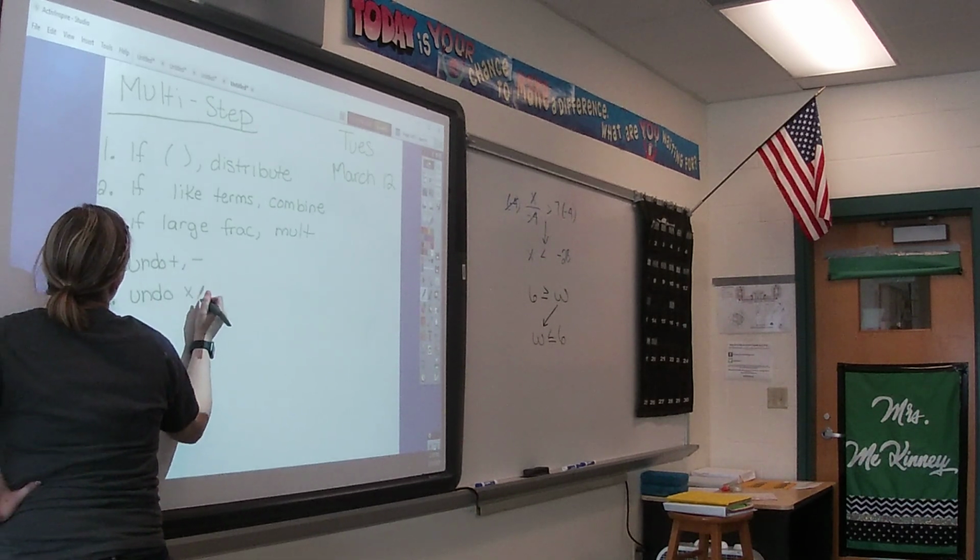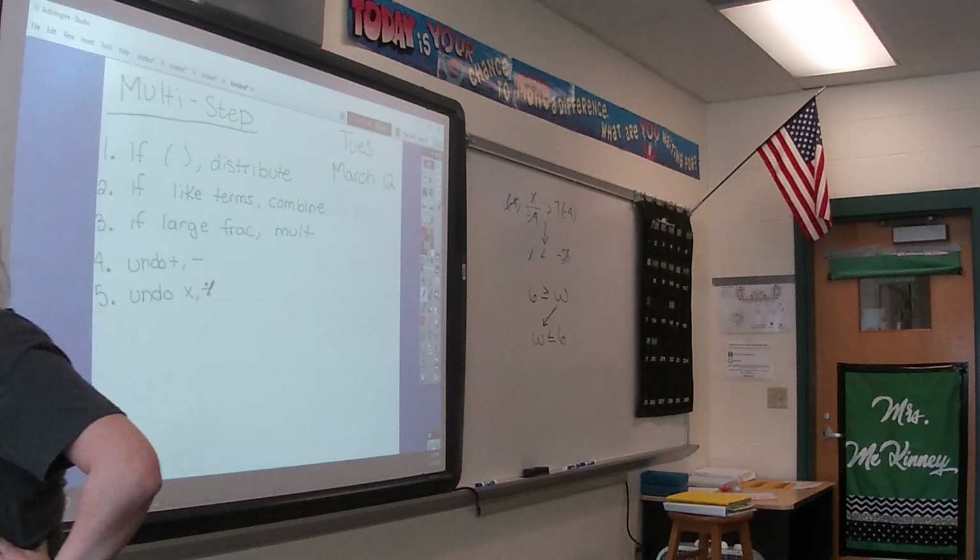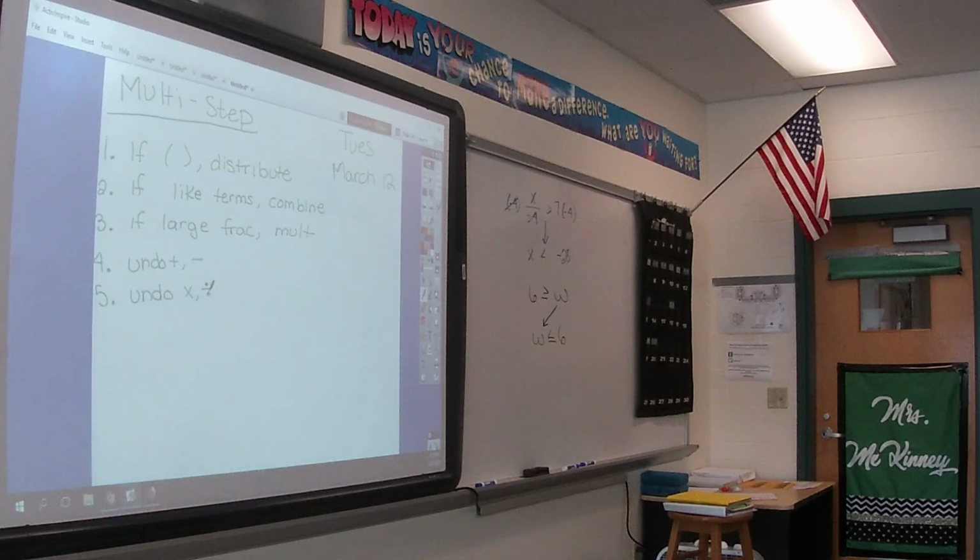We'll undo addition and subtraction, and then we will undo multiplication and division. Here's the key. The more steps we allow to happen, the more possibilities there are for us to have to flip the inequality sign.